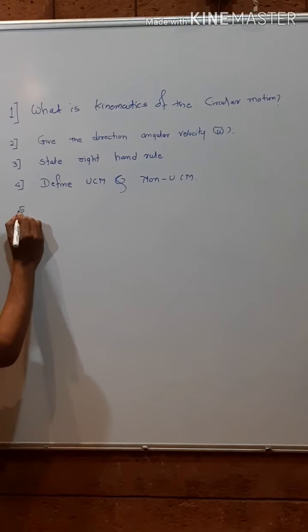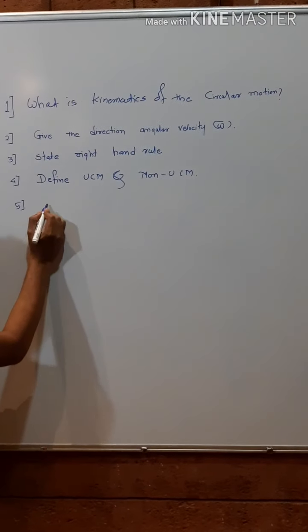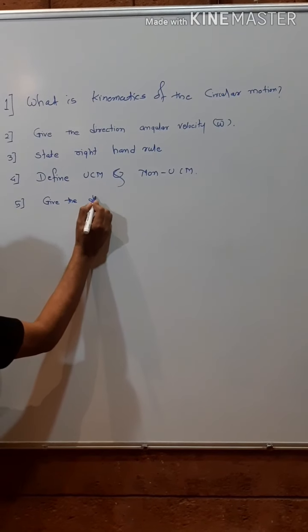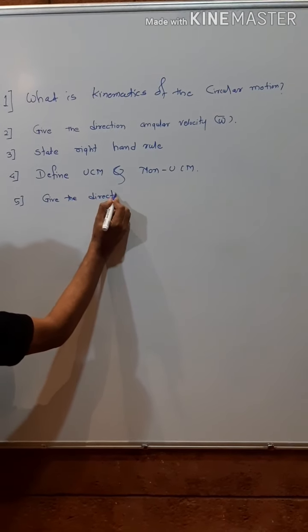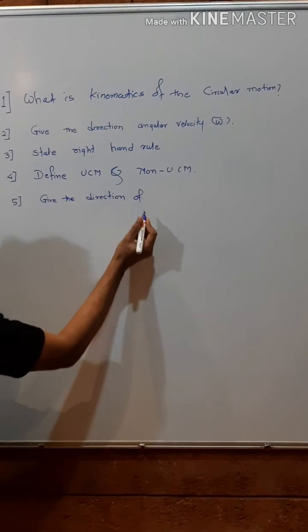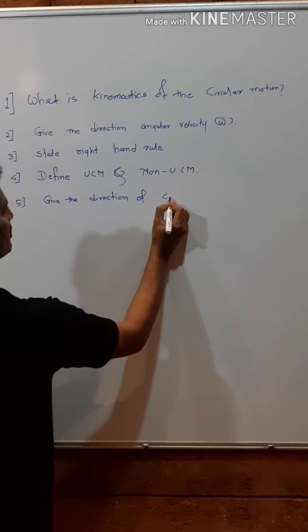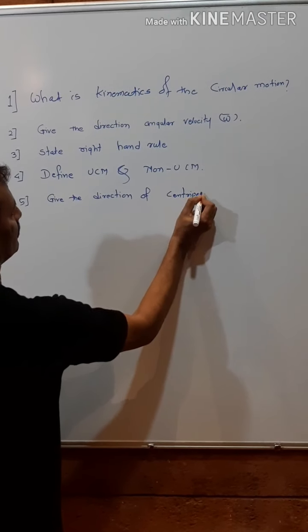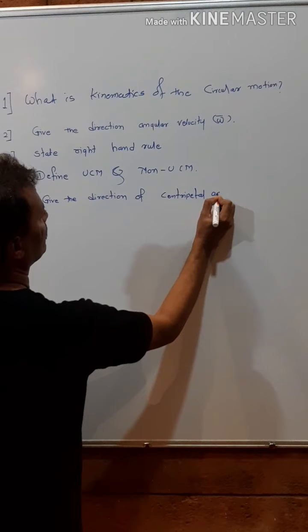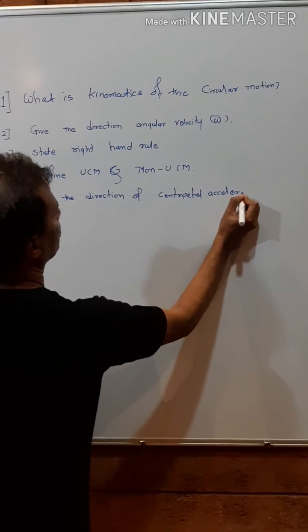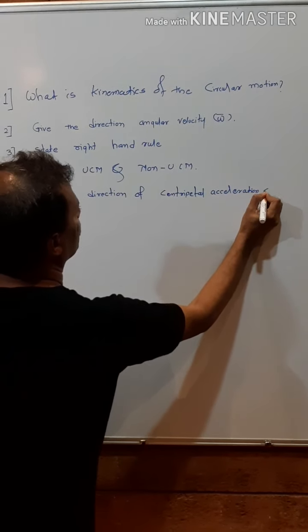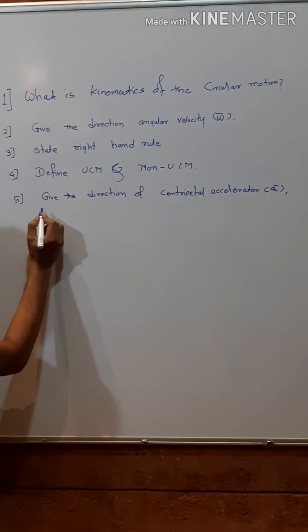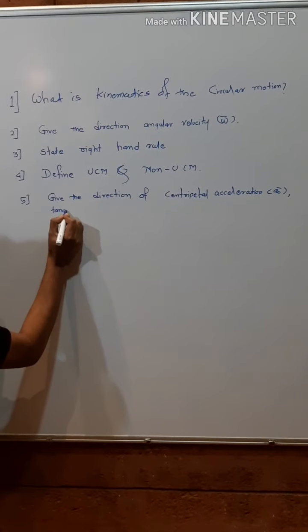Fifth question is give the direction of centripetal acceleration AC bar, tangential acceleration AT bar.